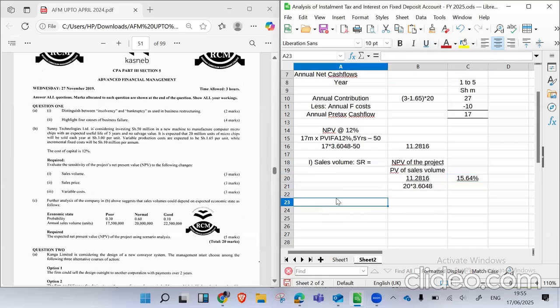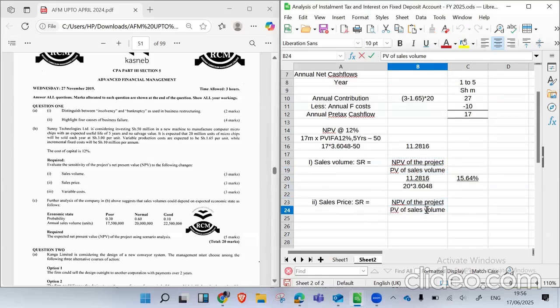Number 2, we have the sales price. Just the same concept. The sensitivity ratio would be equal to the NPV of the project divided by the present value of the sales price.